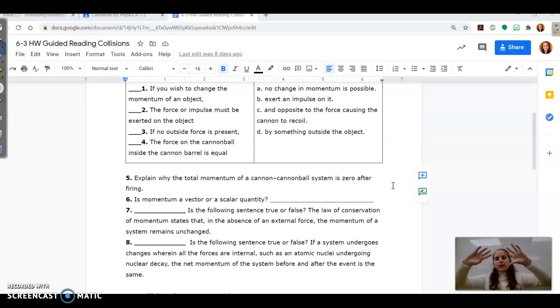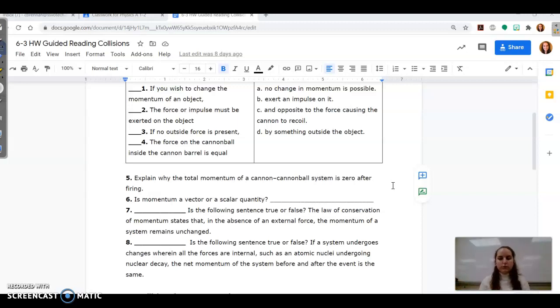So then the cannon fires the cannonball out, right? And let's call the cannonball moving in that direction the positive side, and then the cannon is going to recoil, and let's call that the negative, because velocity is a vector, right? It holds magnitude and direction, which is very important. So the magnitude and the direction of that right side cannonball, and then the magnitude and direction of the cannon itself recoiling back is going to be negative.